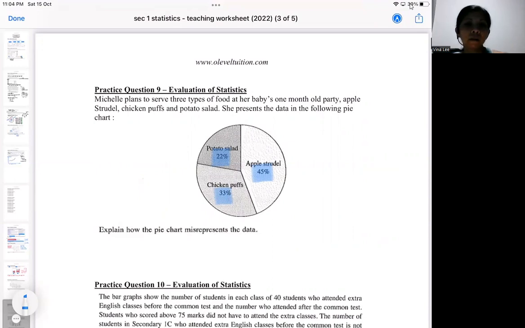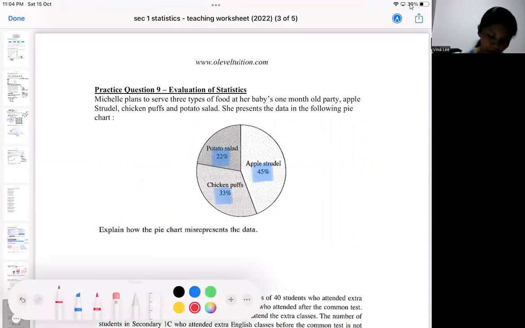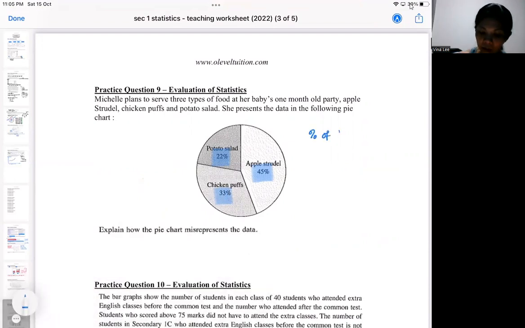The misleading feature here will be we do not know whether the percentage of food goes by quantity or mass.